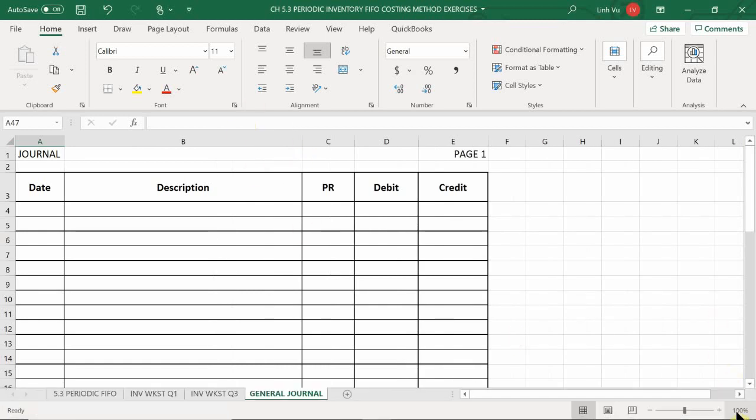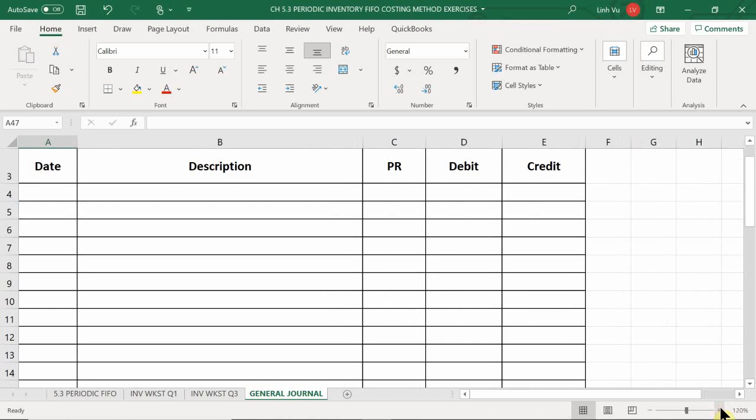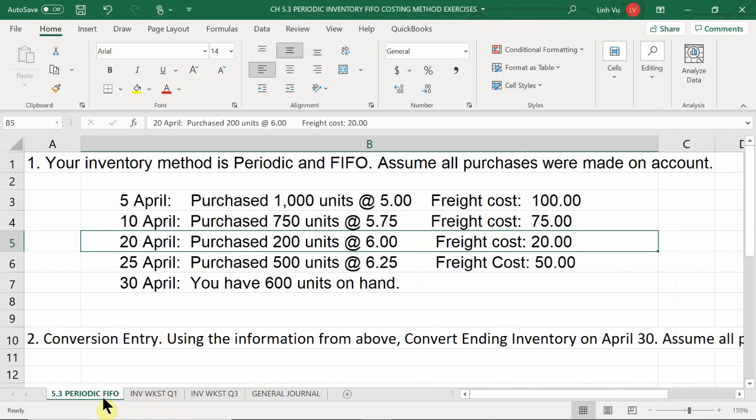So I'm going to make my journal a little bigger. We're going to practice journalizing our scenarios and properly fill them into our inventory worksheet, okay? So the very first thing that we did here on April 5th is we purchased 1,000 units at $5 each with the freight costing $100.